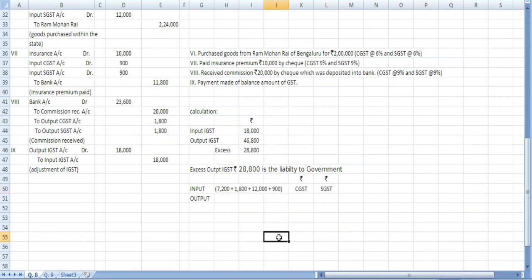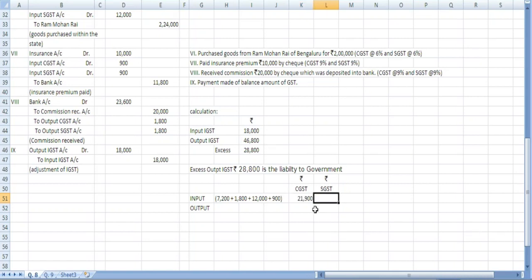So when we add these 7,200, 1,800, 12,000 and 900, we will get 21,900.